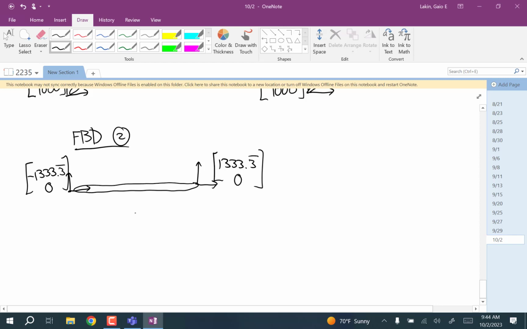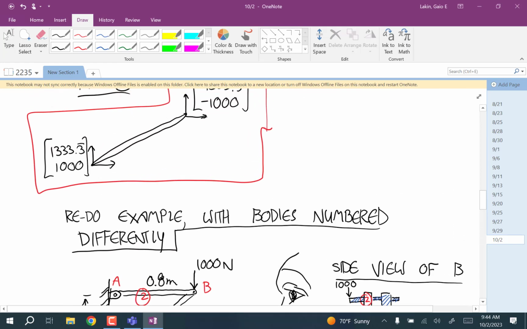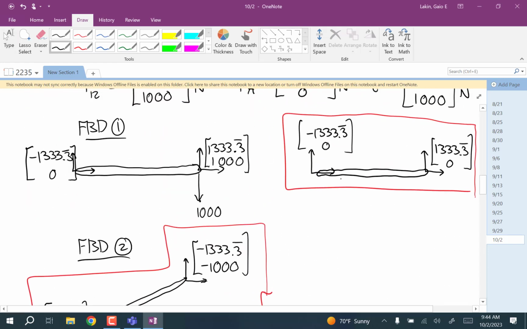Those two forces are away from each other, parallel to each other. The magnitude is 1333. And if you look up at the first way of doing it, they tell the same story again. Okay? So changing the numbering of the bodies will change the answers you get for your forces, but the meaning of those forces is the same. It's totally arbitrary how you number this stuff. Okay?